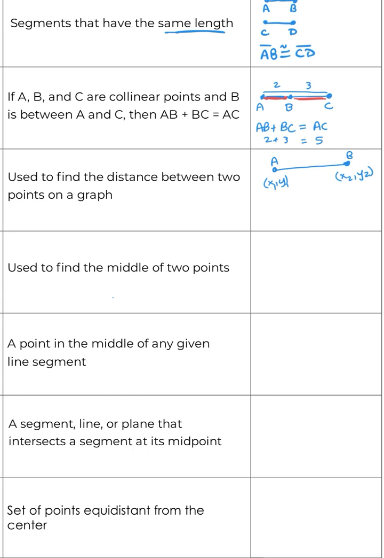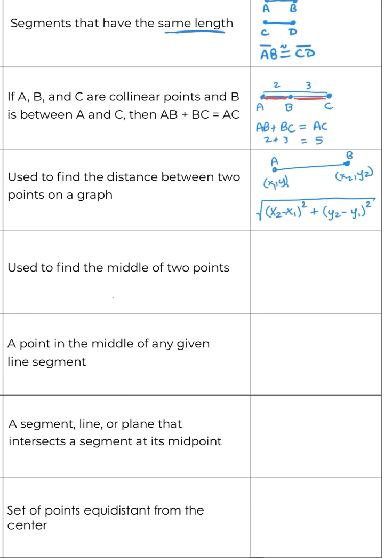To find the distance between those 2 points, the formula is x2 minus x1 squared plus y2 minus y1 squared, and then we take the square root of the whole thing.